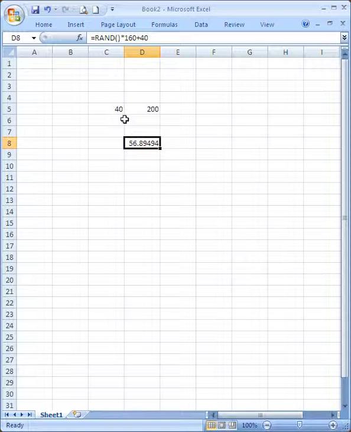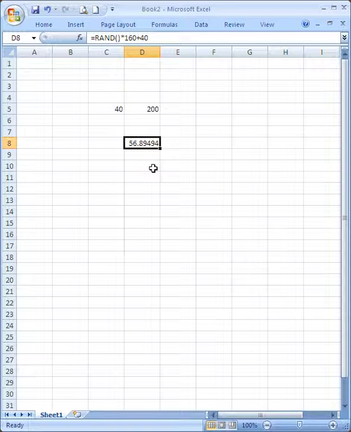For example, 40 plus 160 gives 200. That means that the highest number this formula can generate is the number at the top of the range. So this formula correctly generates all numbers from the lowest end of the range to the lowest number plus the range, which is the highest number in the range.